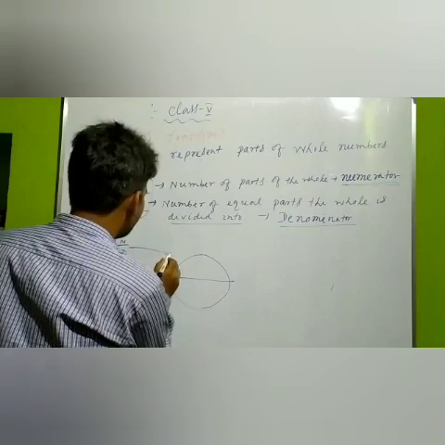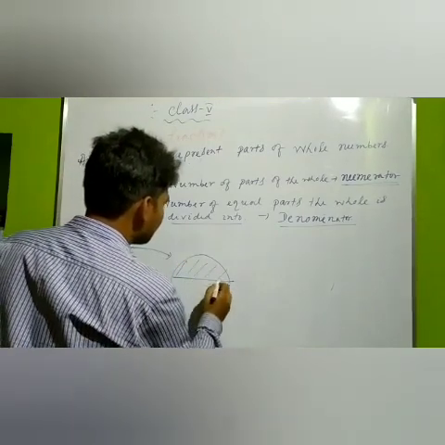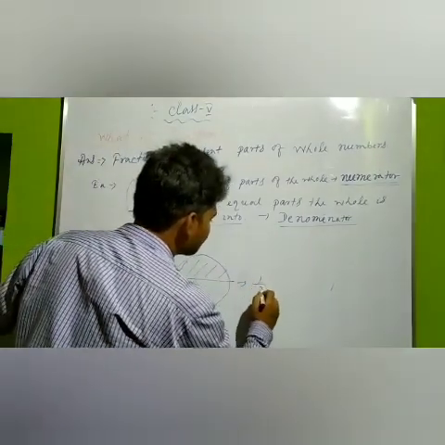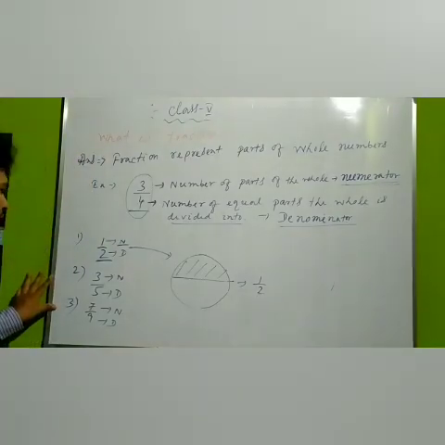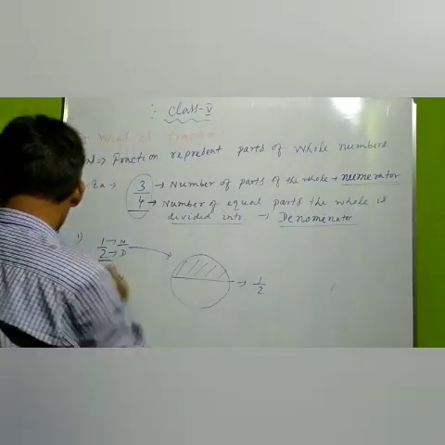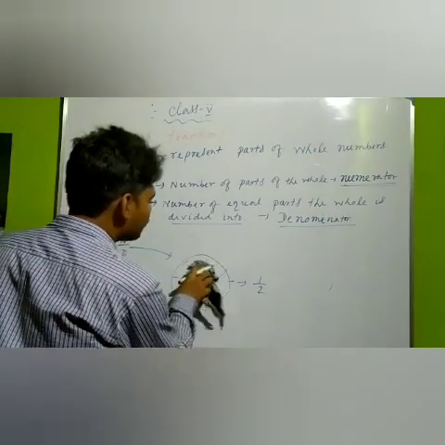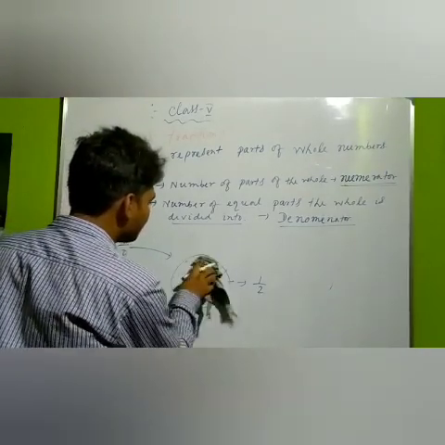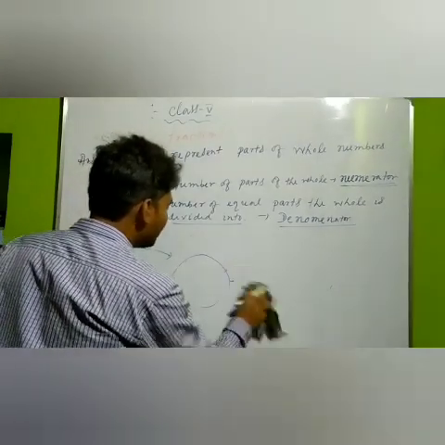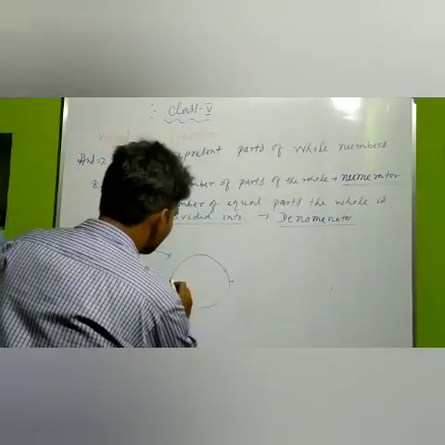Now how do we represent the fraction 1 by 2? And 3 by 5, how do we represent this? With the same figure, we have to divide this figure into 5 equal parts. Just look like this.